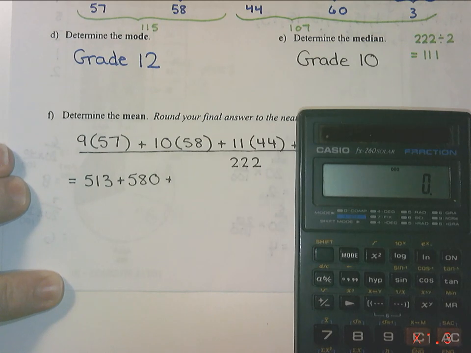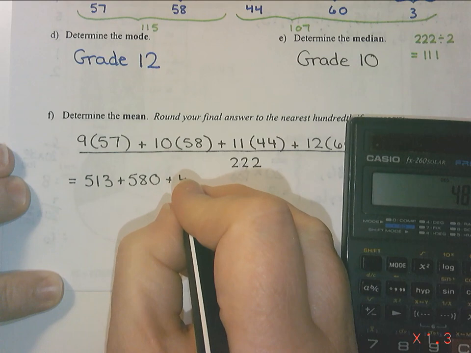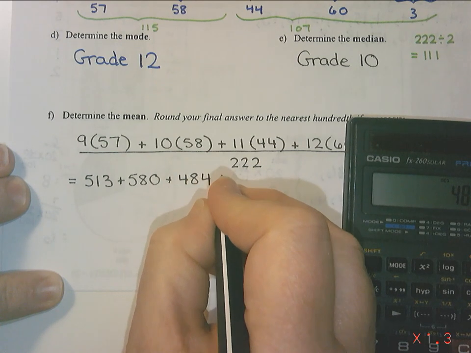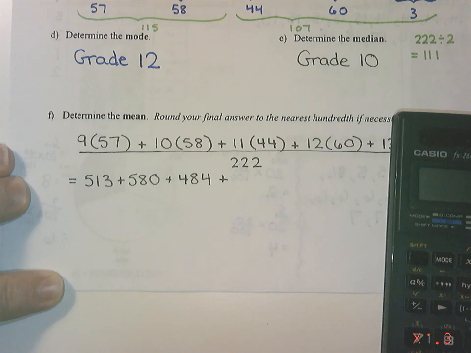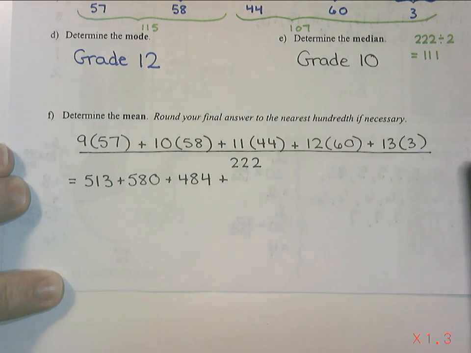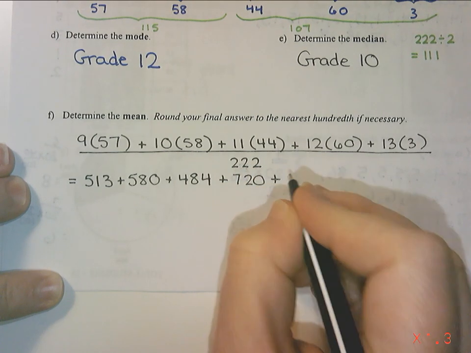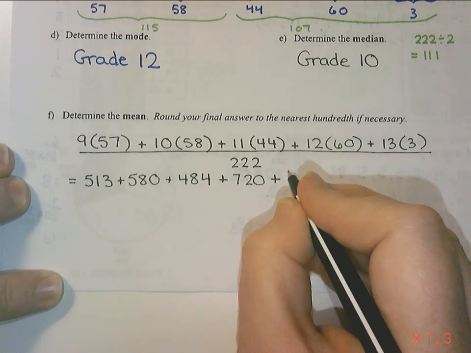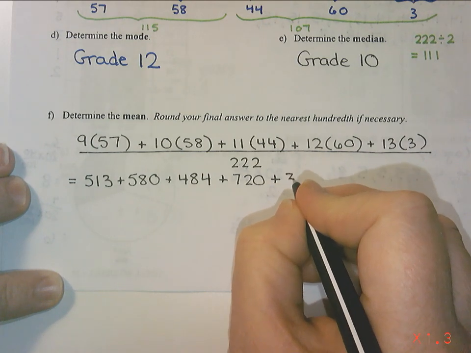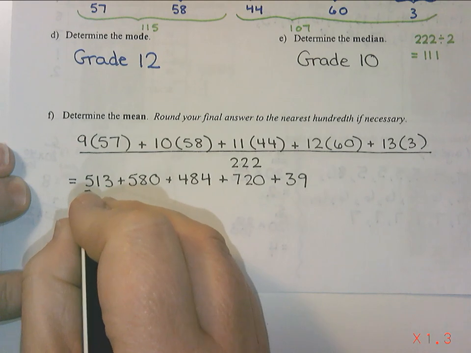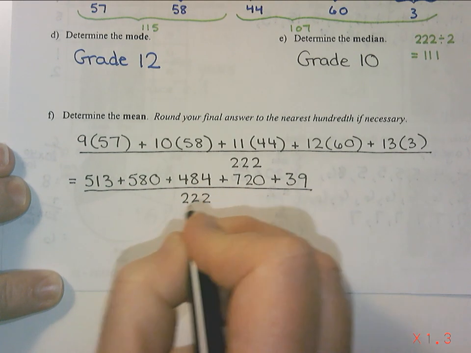We've got 11 times 44, which is 484. And then 12 times 60, that is 720. And then 13 times 3 is 39. All right, and that is still waiting to be divided by 222.